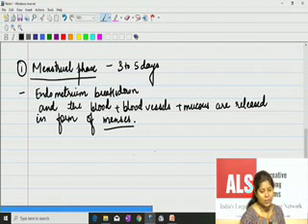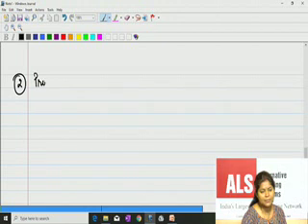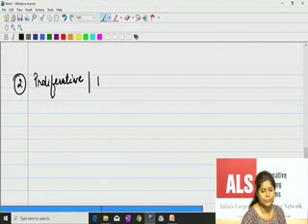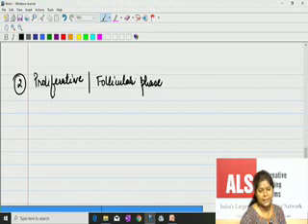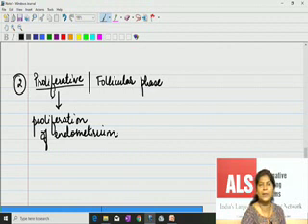Okay. Next phase, I'm just leaving some space over here in case I need to write something. Next we have the second phase, that is the proliferative or follicular phase. It is said to be proliferative. Why? Because there is proliferation of the endometrium, that is the endometrium wall which was broken in the earlier phase, the menstrual phase.